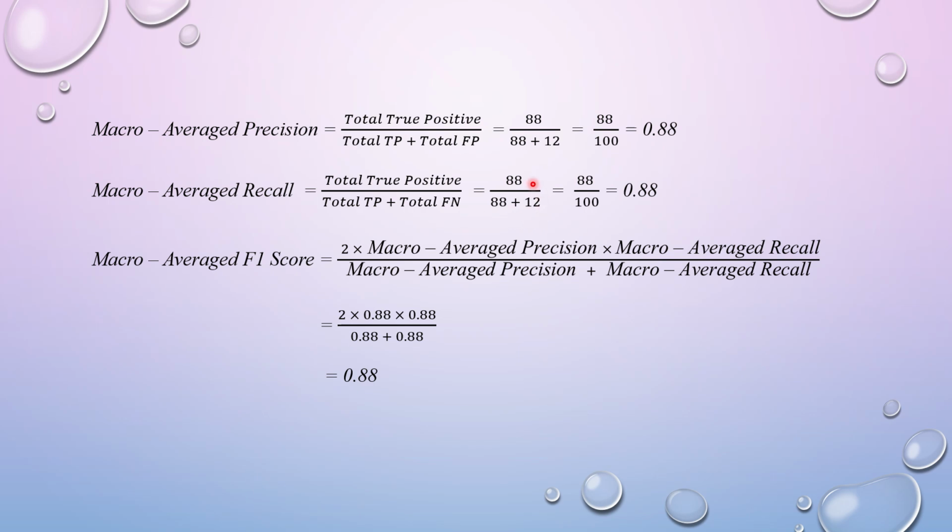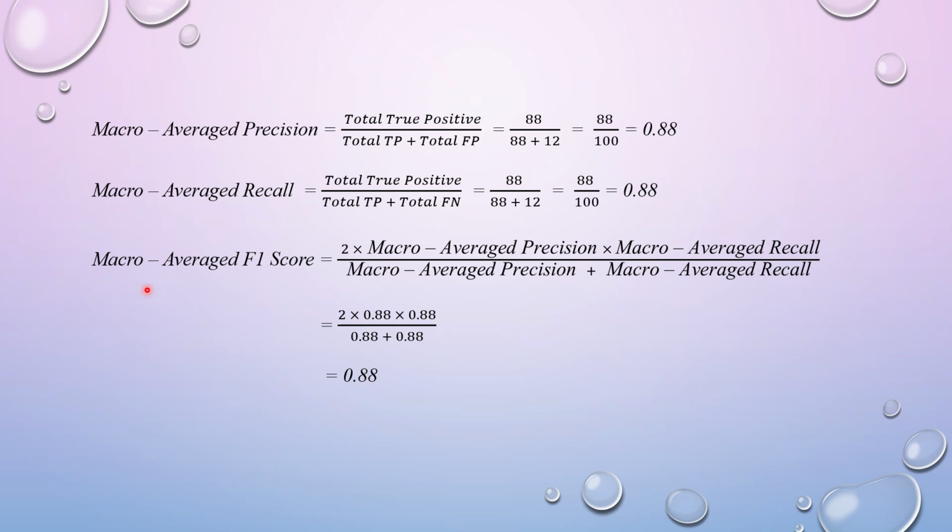So 88 divided by 88 plus 12, which is equal to 88 divided by 100, which is equal to 0.88. So micro average recall value is 0.88.